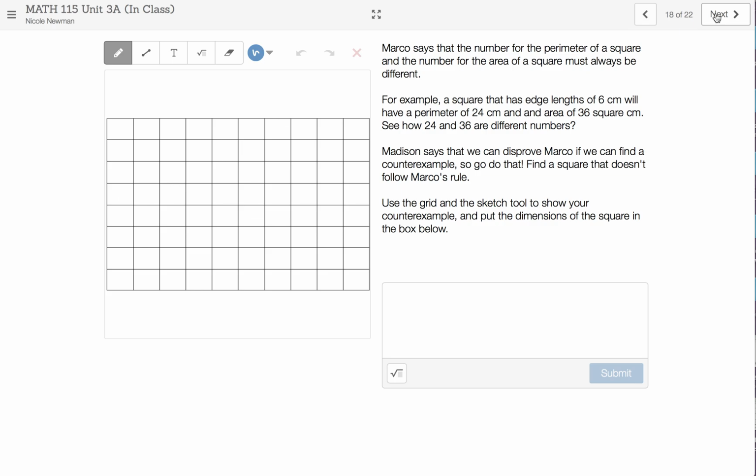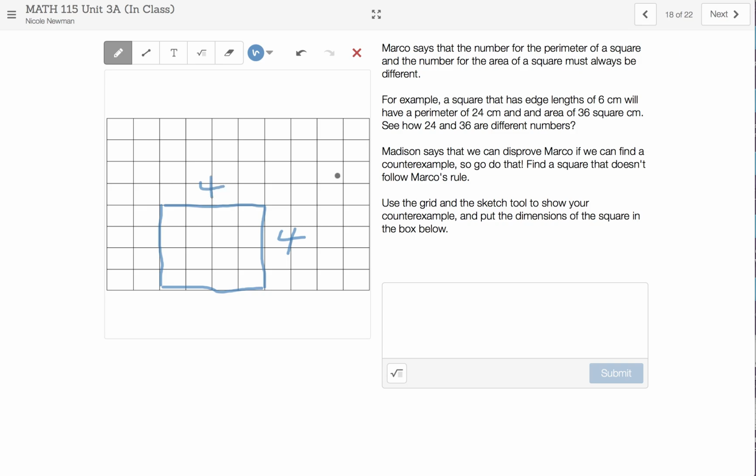All right, Marco says the numbers for the area and the perimeter will always have to be different. There is a counterexample to this, and I think there's only one that exists. This is supposed to be 4 units one direction and 4 units the other direction.